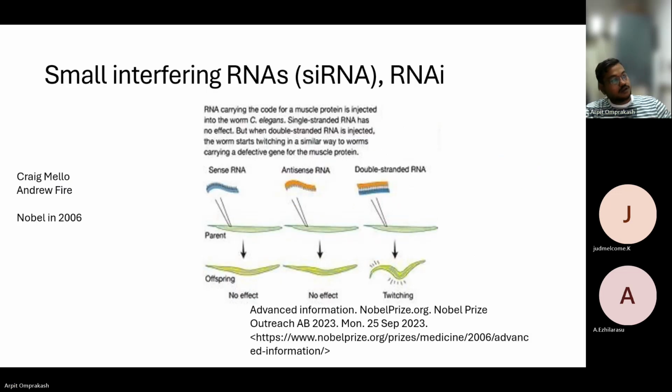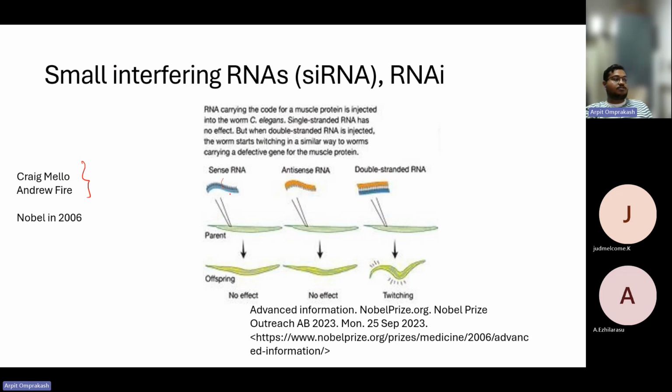Right. Now, small interfering RNAs, siRNAs, as I talked about before, lead to something called RNA interference. Craig Mello and Andrew Fire got the Nobel Prize in 2006 for showing this.